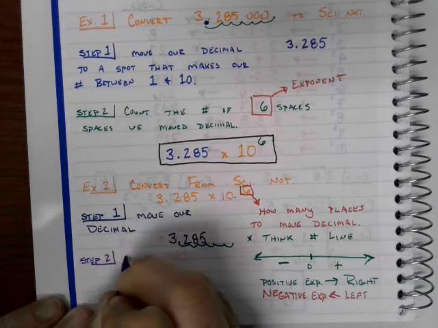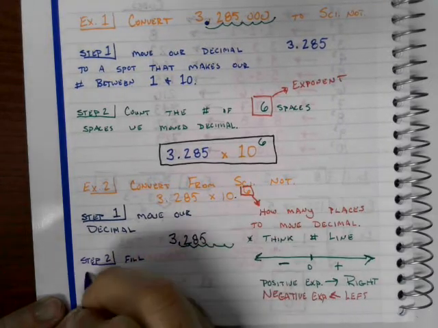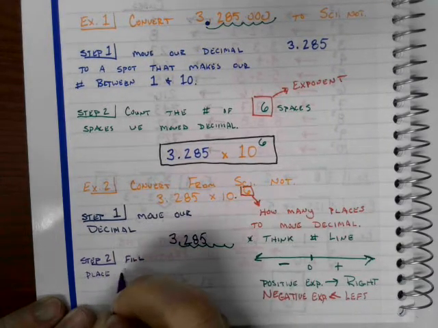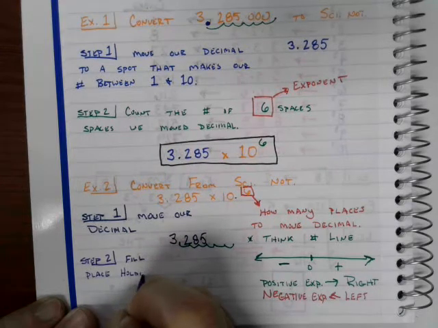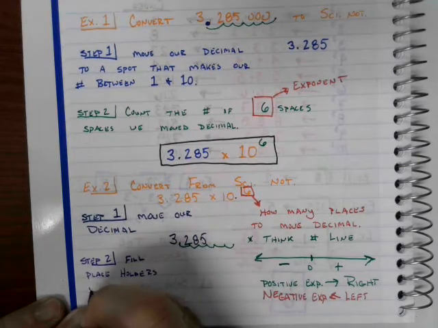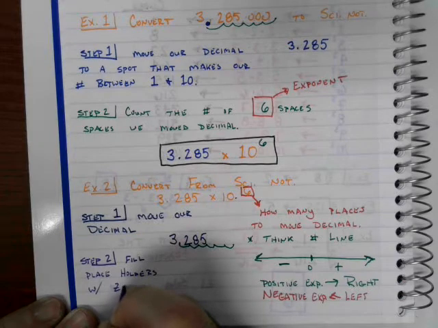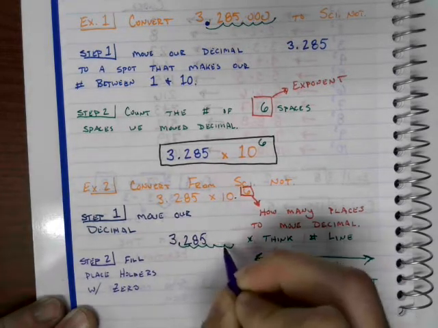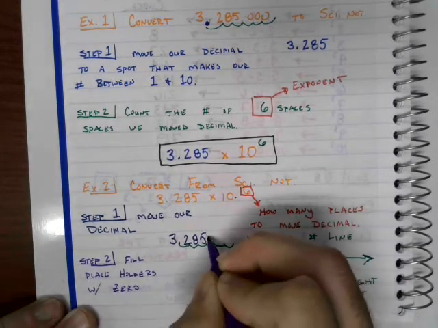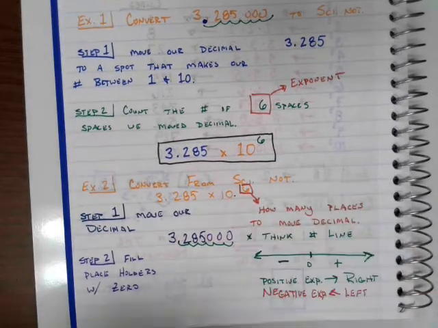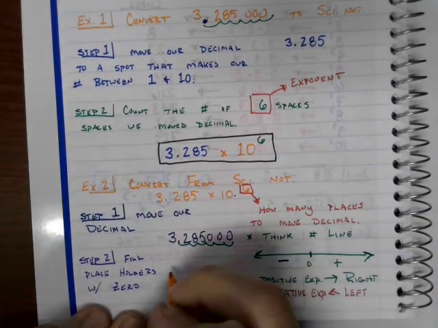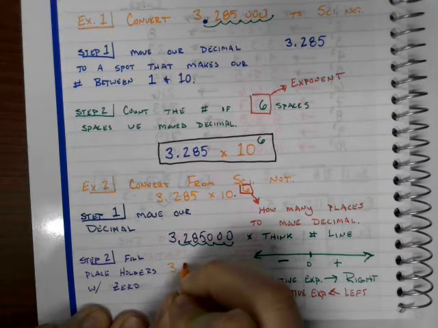We're going to fill placeholders with 0. So these are my placeholders. I have 3, so I'm going to go 1, 2, 3. So my final answer here will be 3,285,000.